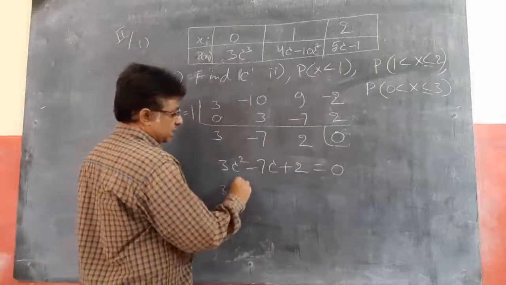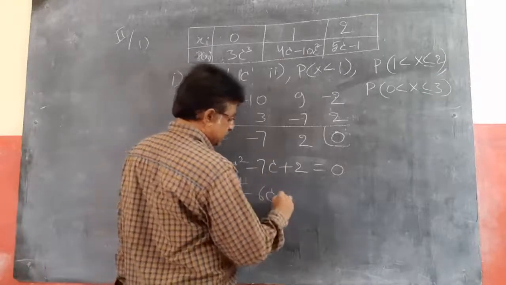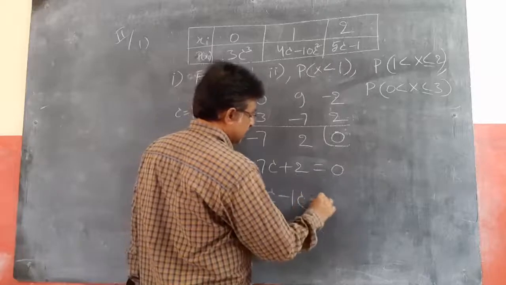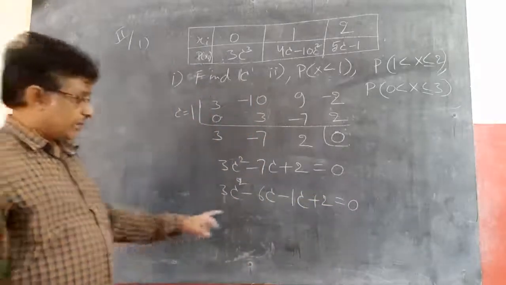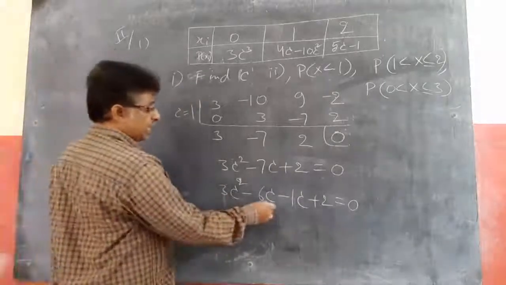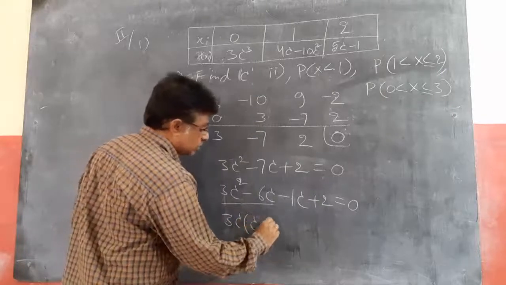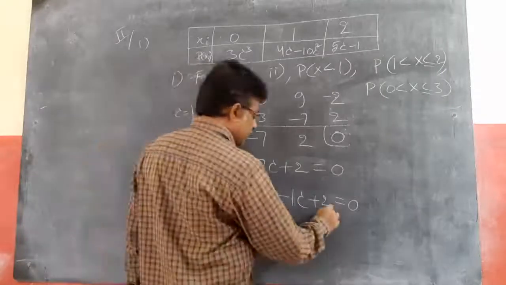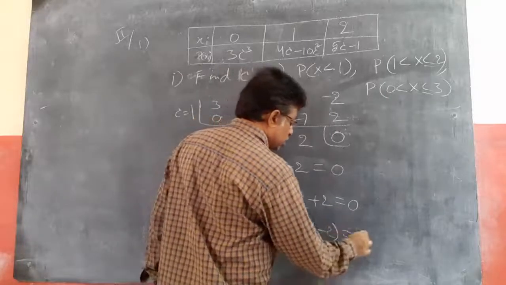So I can write 3c square minus 6c minus 1c plus 2 equal to 0. Now I can take 3c common from the first two, becomes 3c into c minus 2, and minus 1 common from the last two, becomes c minus 2.